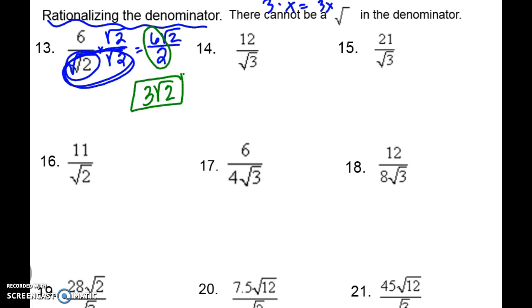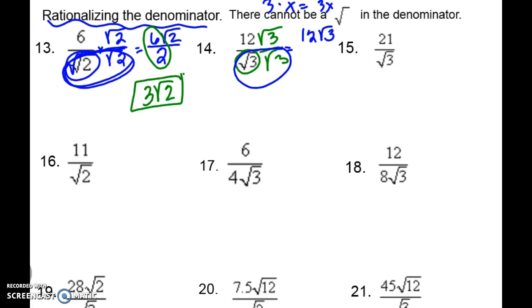Okay, so on number 14, again, I have that radical on the bottom. I don't want it. So whatever is in that radical, I'm going to multiply by the top and the bottom. So here I have a square root of 3 and a square root of 3. Multiplying it would give me 12 square roots of 3. Here I have a pair. What happens when I have a pair?